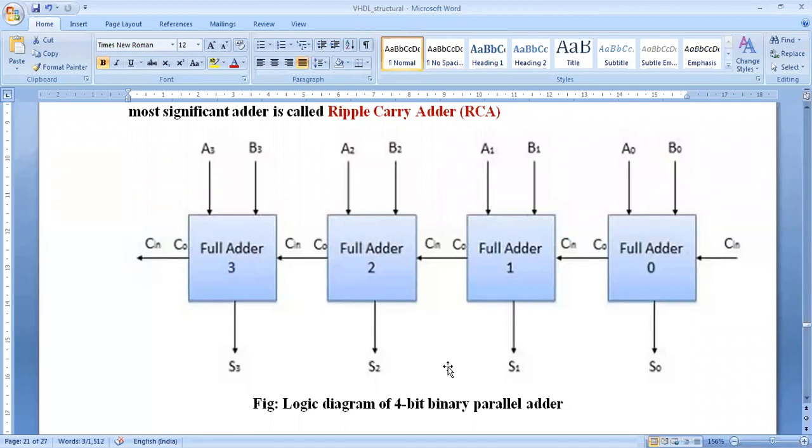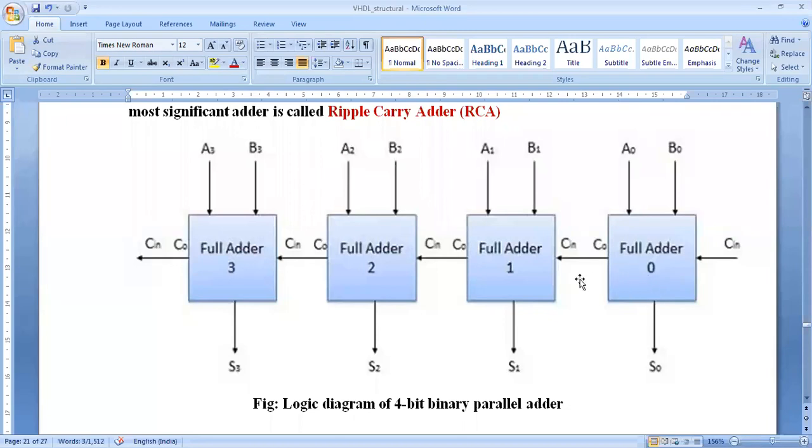Since we want to add 4-bit binary numbers, for each pair of bits we require one full adder circuit. Therefore, to perform the 4-bit binary addition, we require 4 full adder circuits.